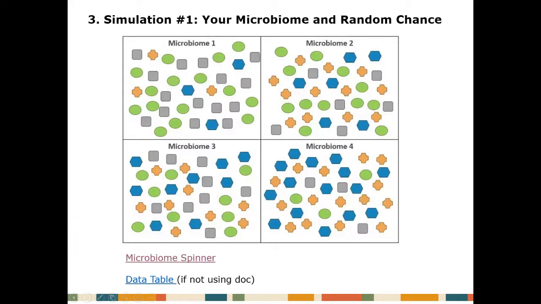All right, so after students learn something about the microbiome, they participate in 2 different simulations. For the first one, we are going to do your microbiome and random chance, where we are going to randomly get a starting microbiome, and then we are going to randomly perturb that microbiome in a few different ways.